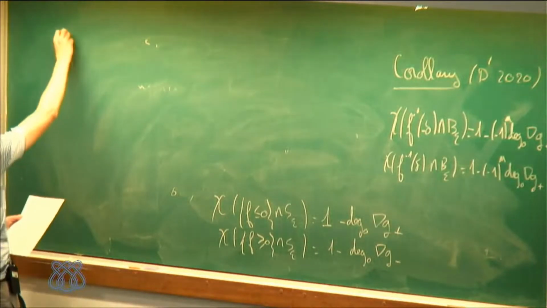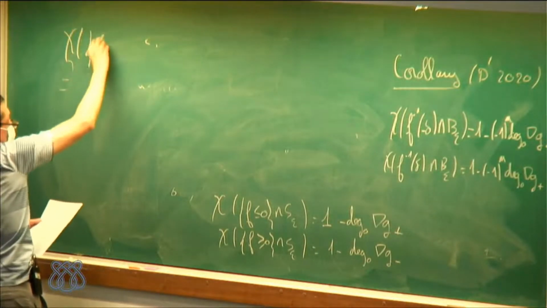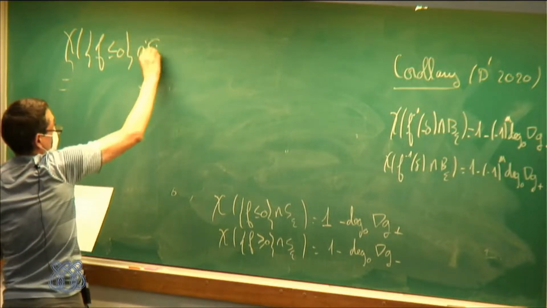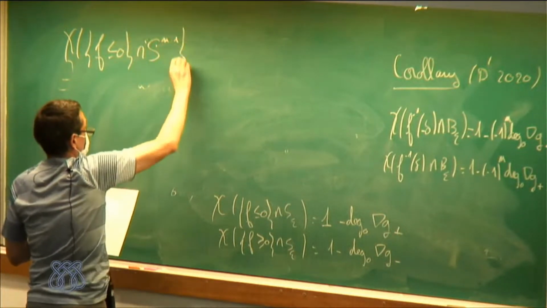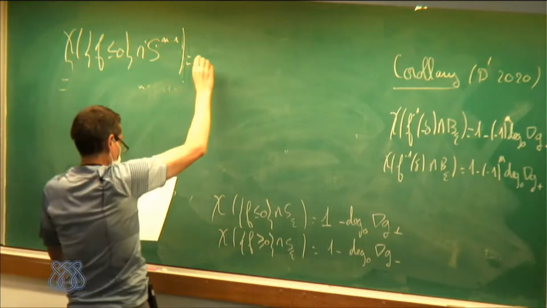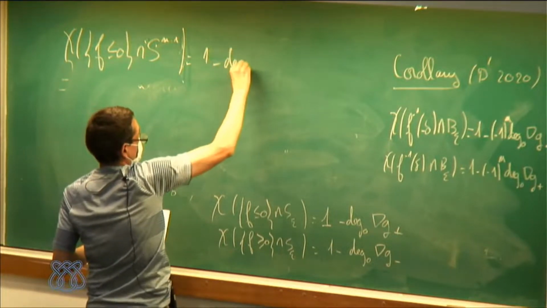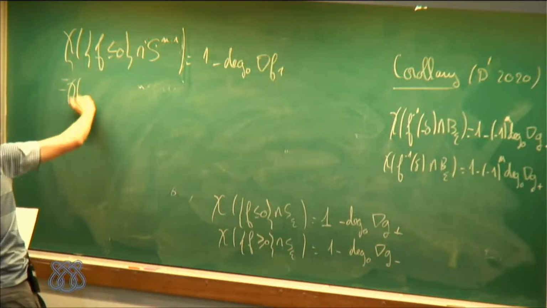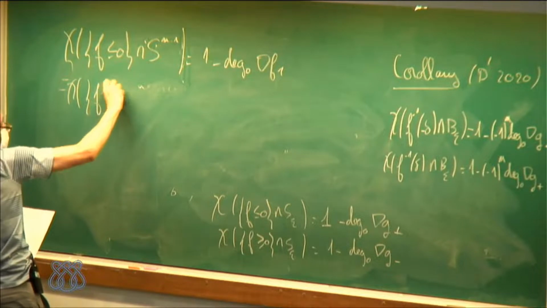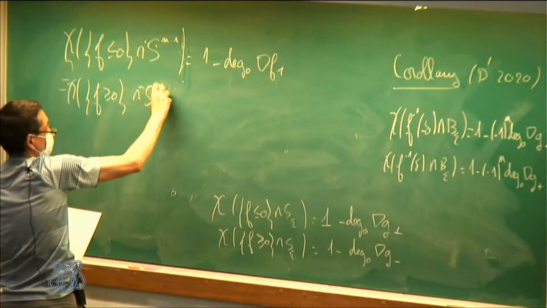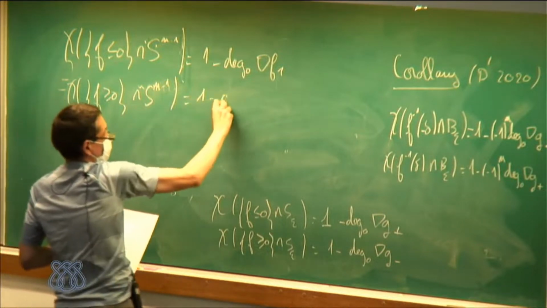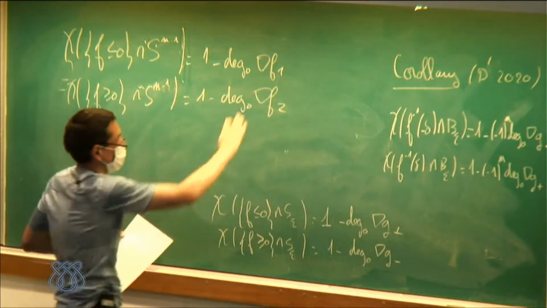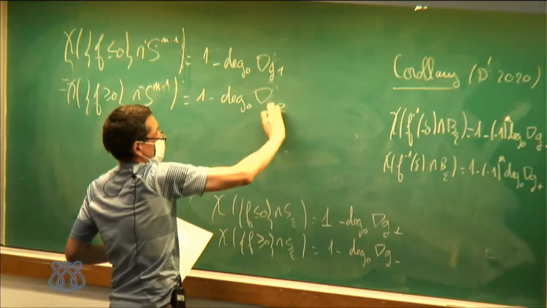So in this case, we have the Euler characteristic of the link of the negative part of F is 1 minus the degree of the gradient of G1, and G2.